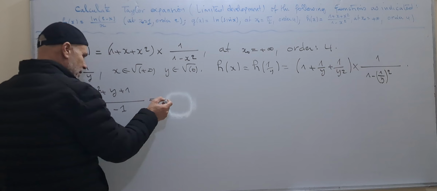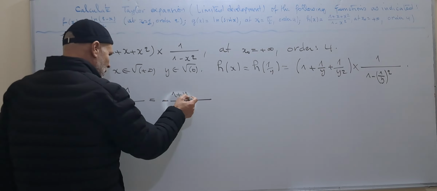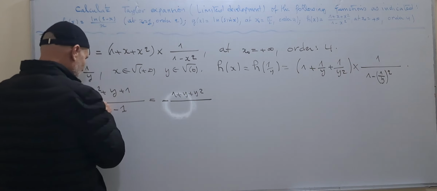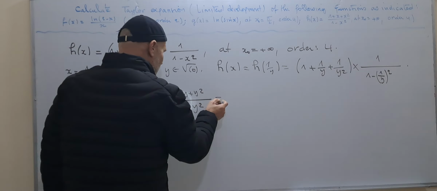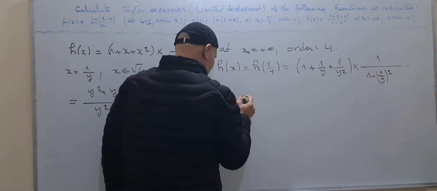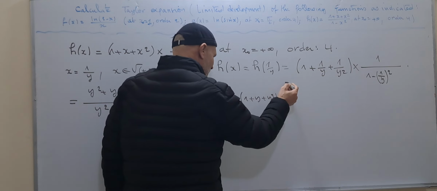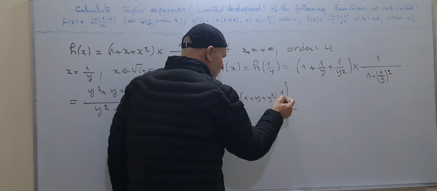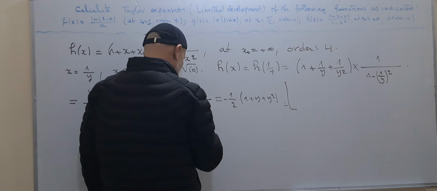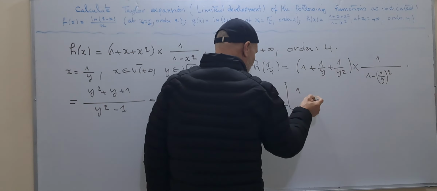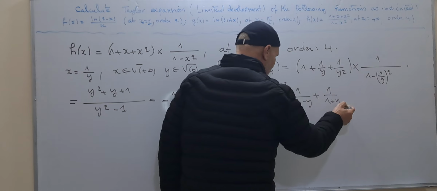Let us write this as minus 1 plus y squared from this, and here we get 1 minus y squared. This will be equal to minus 1 plus y squared times 1 half. Let us take minus 1 half here, and this will be equal to 1 over 1 minus y plus 1 over 1 plus y.